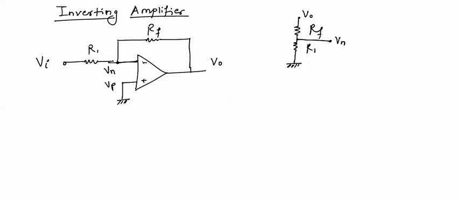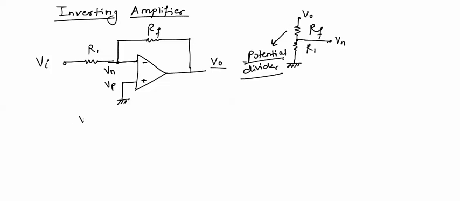So this is a negative feedback, and using this potential divider network, we are giving feedback, or some part of the output which is divided by this potential divider network will be given at the input to the op-amp. So this is negative feedback. Using the characteristics, we will find the output voltage for this operational amplifier, which is an inverting amplifier.